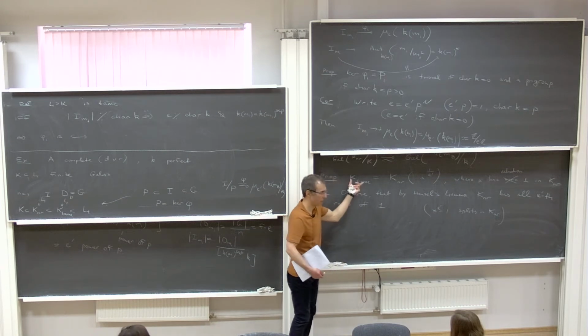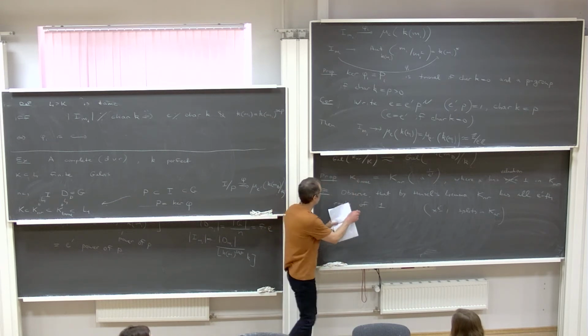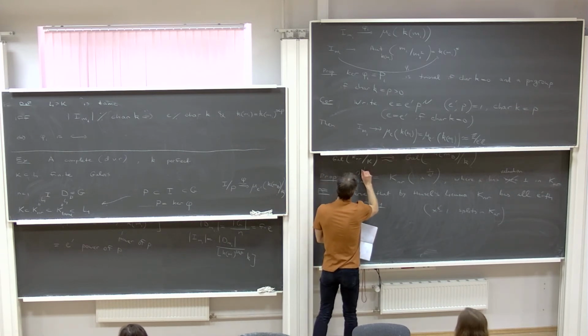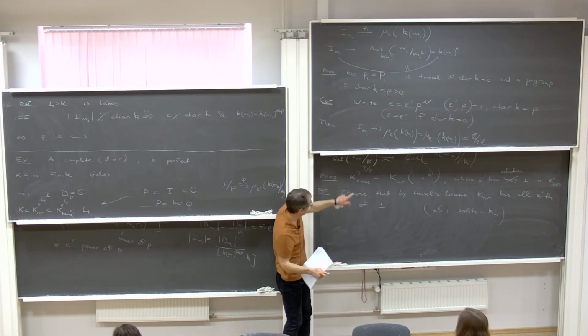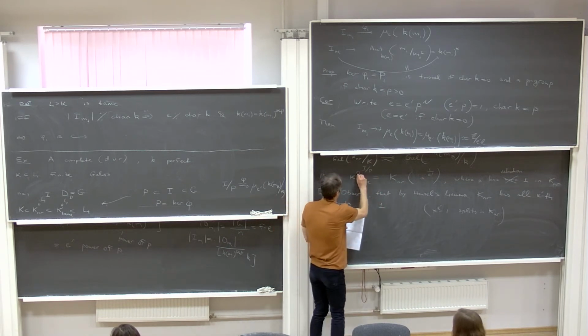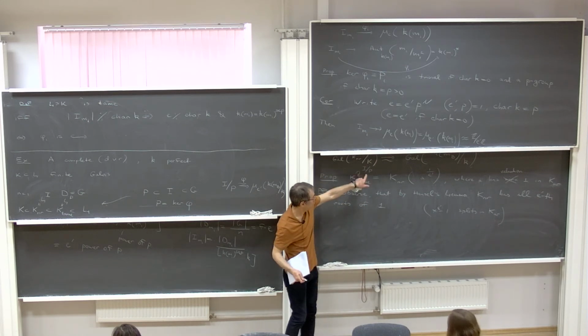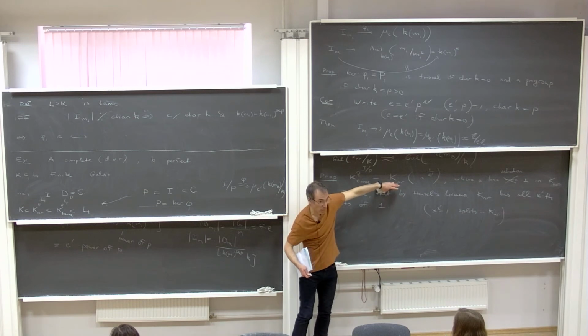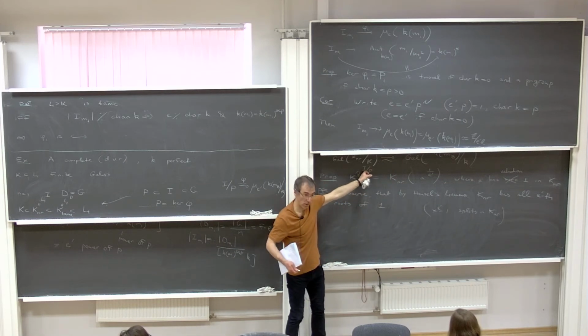You look at the action of the Galois group, this group, which is I mod P. It acts here. You think of this as a vector space of dimension e prime over this field, and you have an operator, a generator of this group.